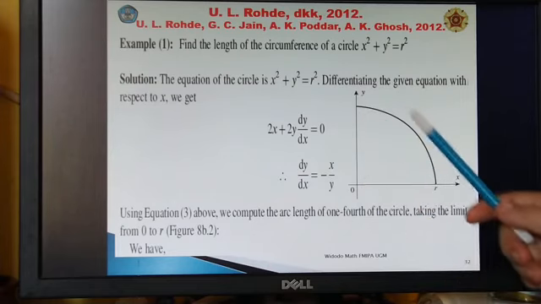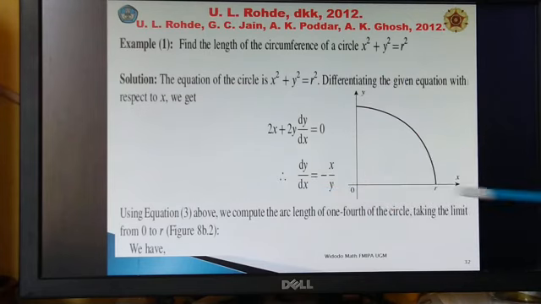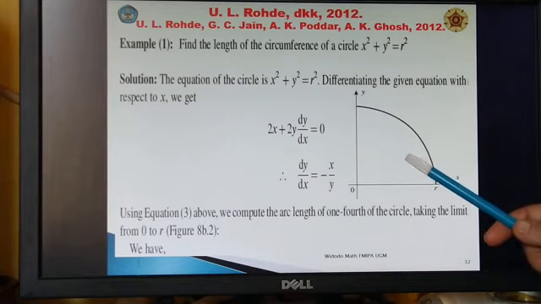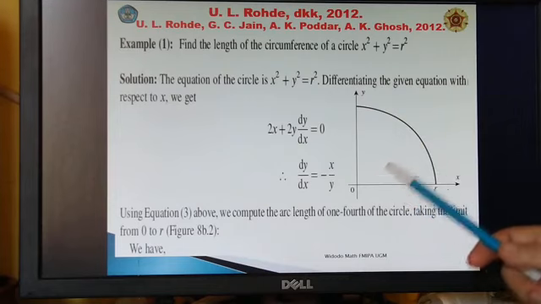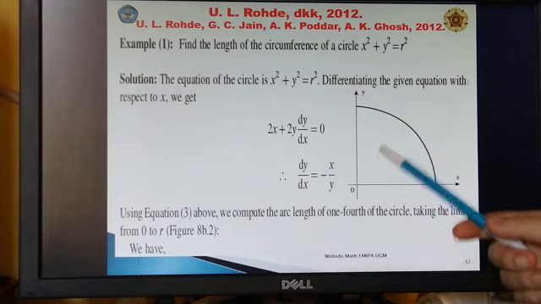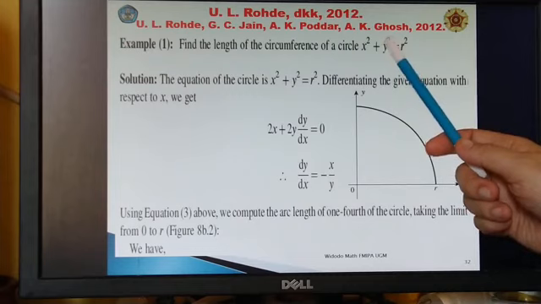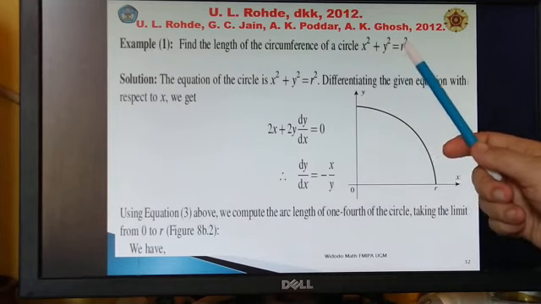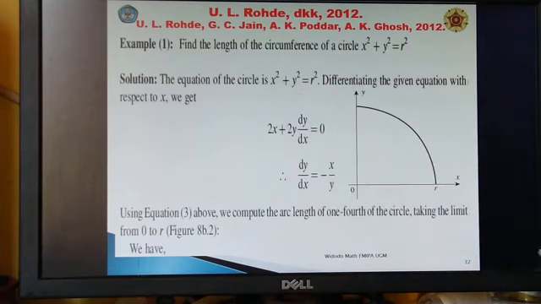Because this circle is symmetric with respect to the y-axis, we can count only in the first quadrant, and then multiply the result by 4 for the four quadrants. So explicitly we have to write x squared plus y squared is equal to r squared in Cartesian coordinates.